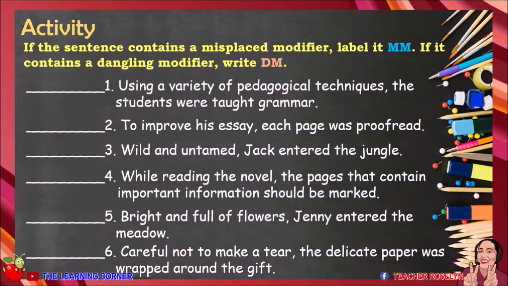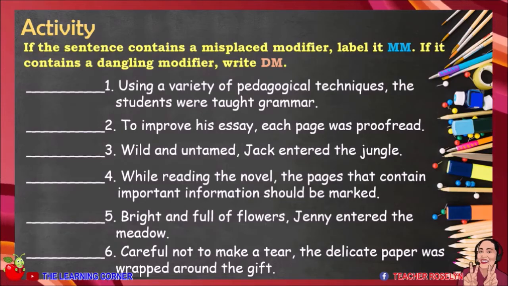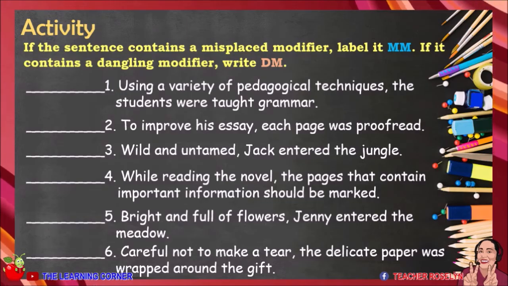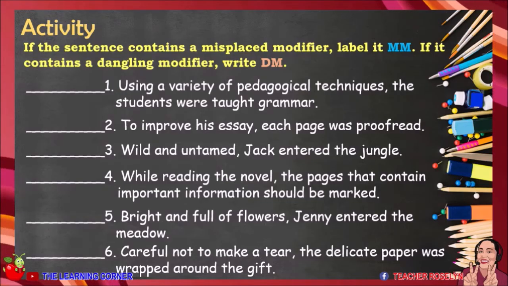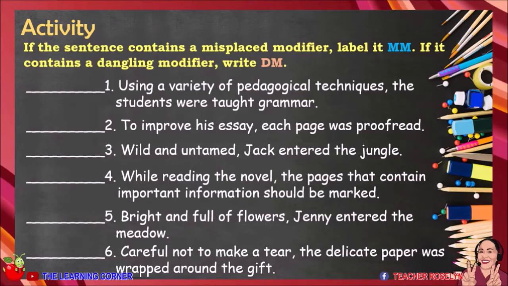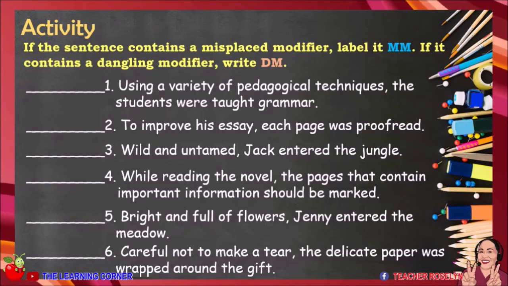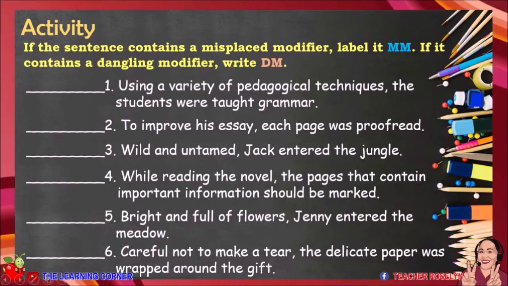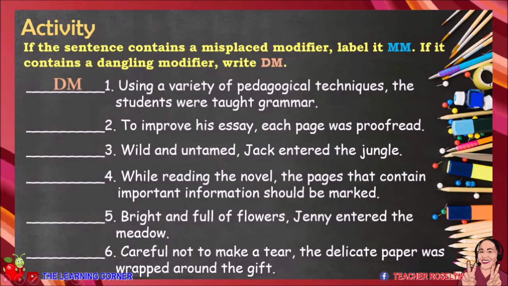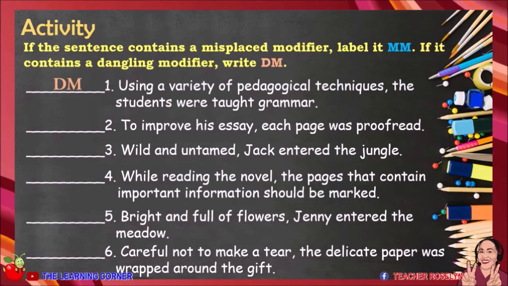If the sentence contains a misplaced modifier, label it MM. If it contains a dangling modifier, write DM. Number 1. Using a variety of pedagogical techniques, the students were taught grammar. Answer: dangling modifier.